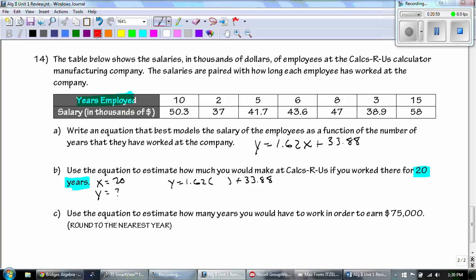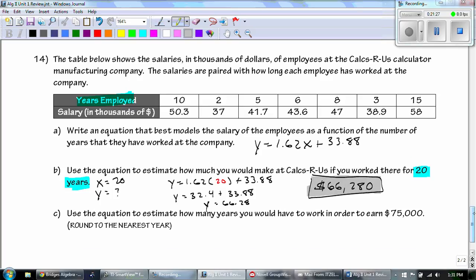Go ahead and pause the video and solve. Okay, and I got Y equals 66.28. Okay, but remember they're talking about that in thousands, so that's really saying that they would make $66,280.